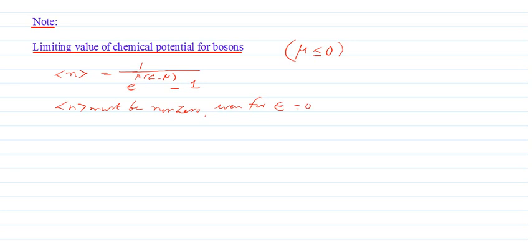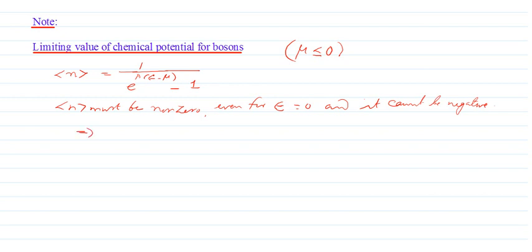Even when the energy is 0, the mean occupation number should be non-zero. Mean occupation number is the average number of particles per energy level, so it cannot be negative. A negative mean occupation number has no meaning.